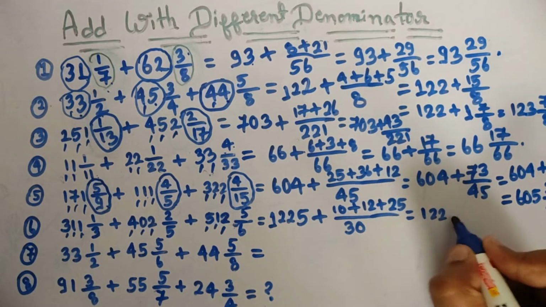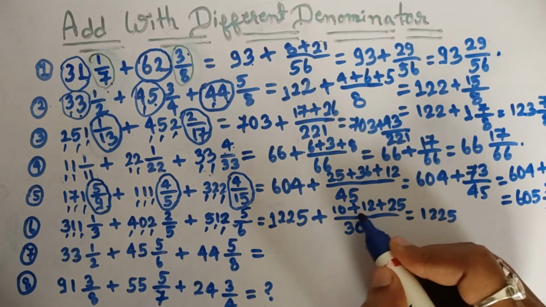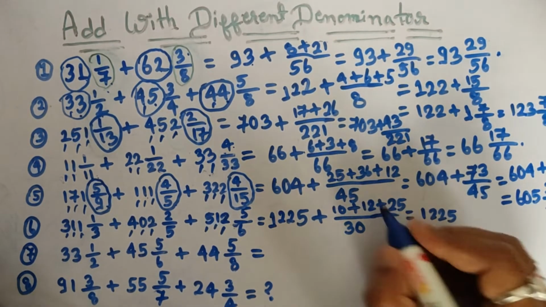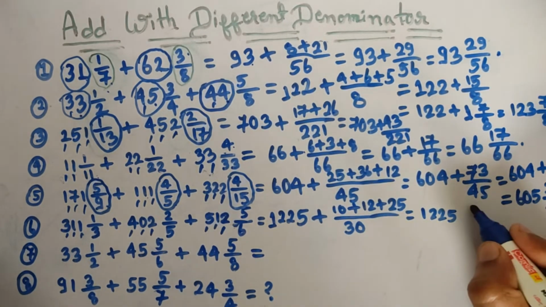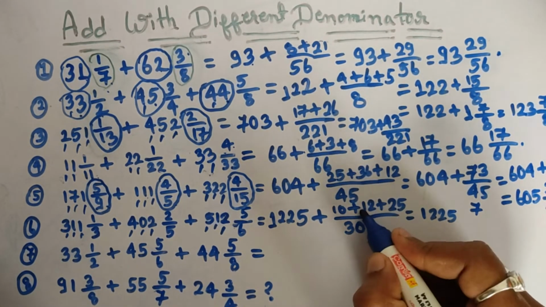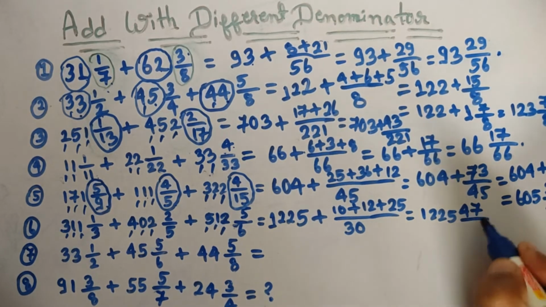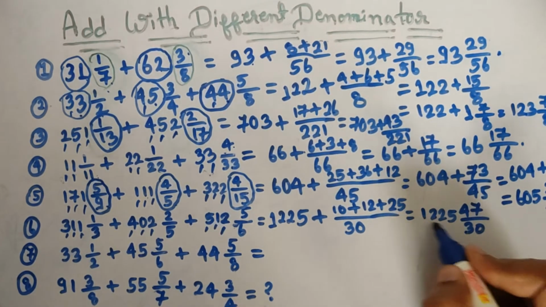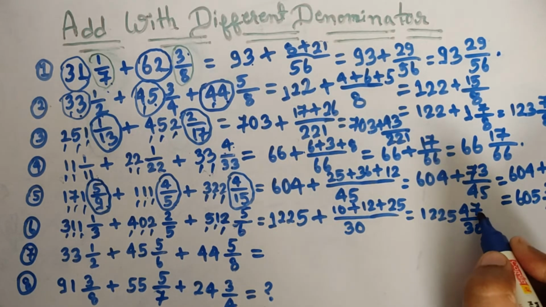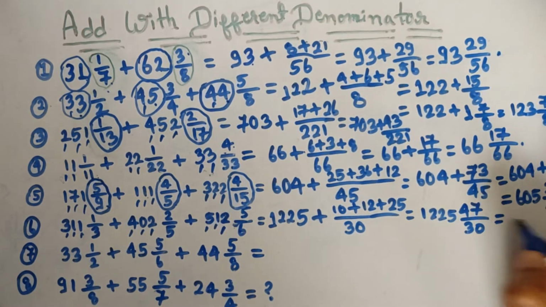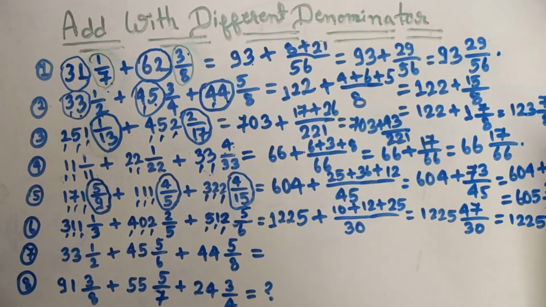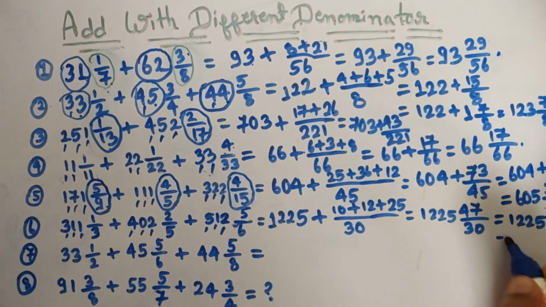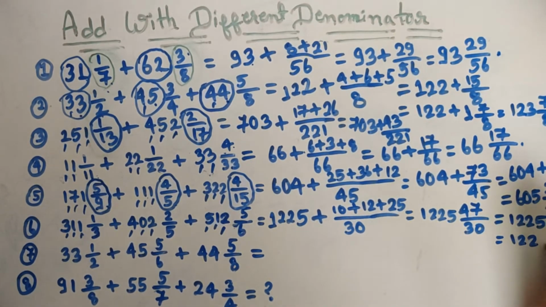So adding these, we get 47 by 30. 225 and 47 by 30. As you see here, 47 is greater than 30, so we can write it as 1 2 2 5 plus 1 and 17 by 30. So 1 2 2 6 and 17 by 30 is your final answer.